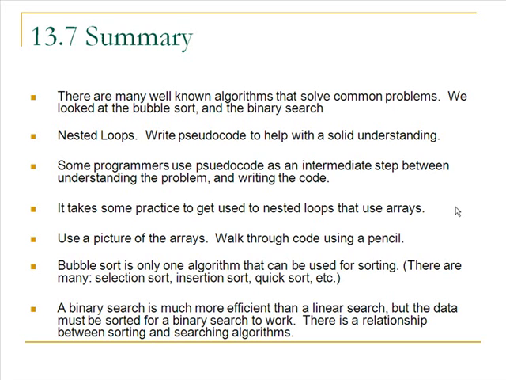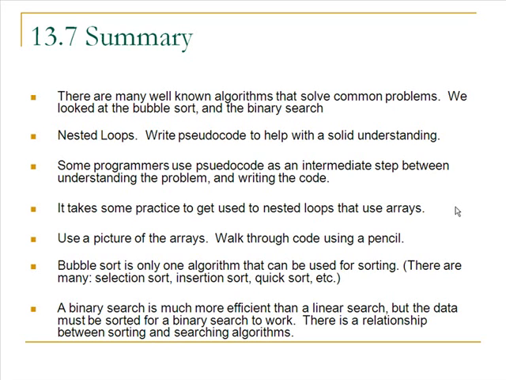This sorting, the job of writing an efficient sorting algorithm, is pretty much solved. People would, instead of writing a sorting algorithm, look for a sorting algorithm that exists that would meet their needs. The binary search that we looked at is a much more efficient search algorithm than linear search, and you might have noticed that the data must be sorted before a binary search will work properly.